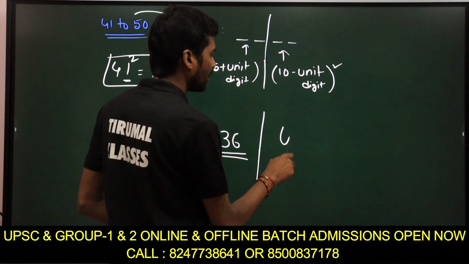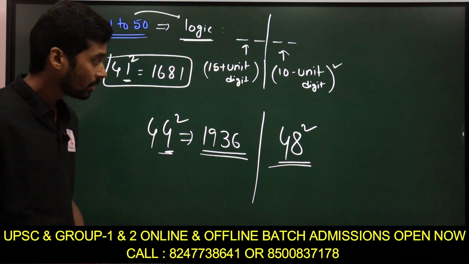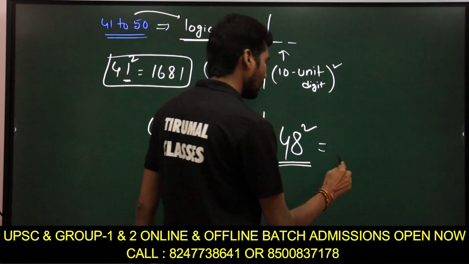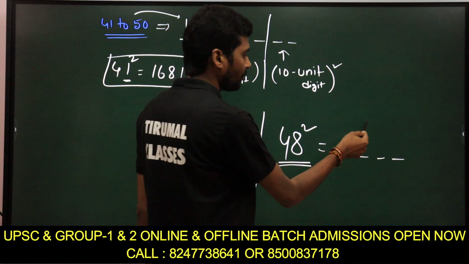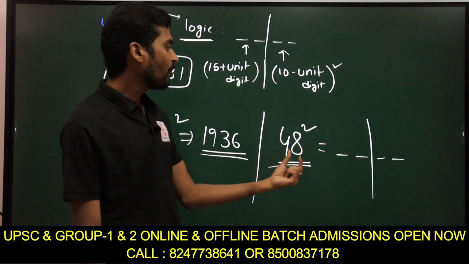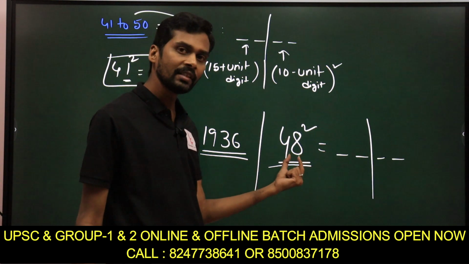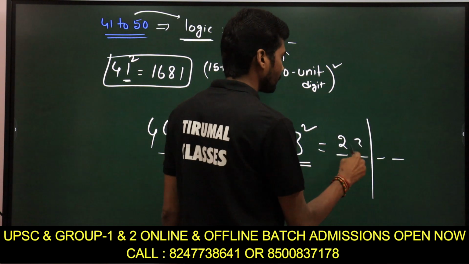Next one, let's say 48 square. Finally you have a 4-digit number as a square number. For the first two digits, 15 plus unit digit. Unit digit is 8. 15 plus 8 is 23.